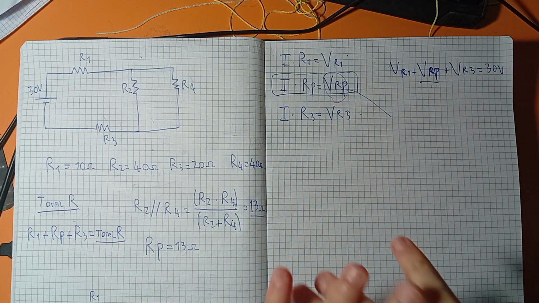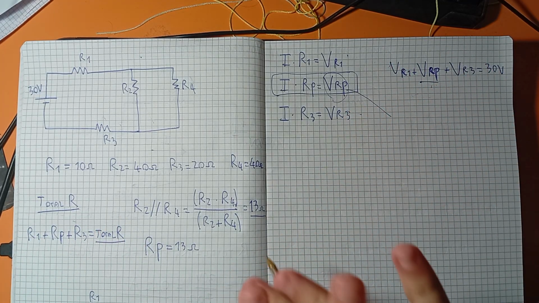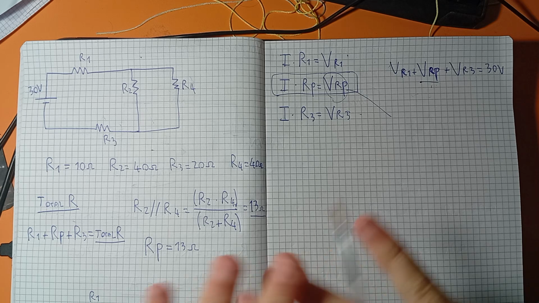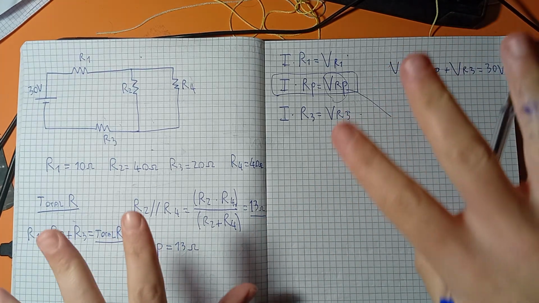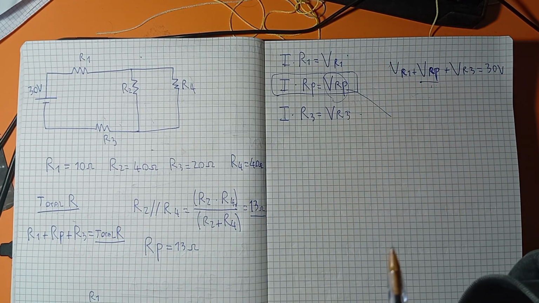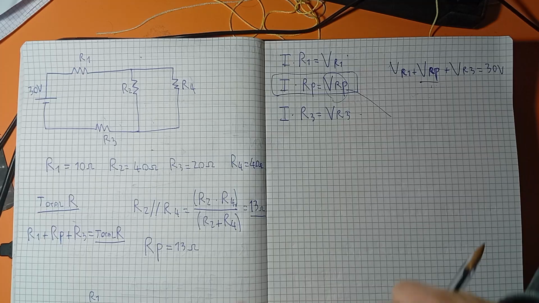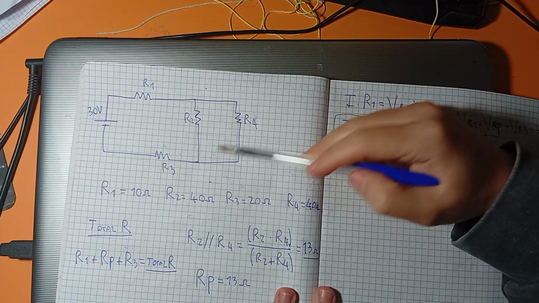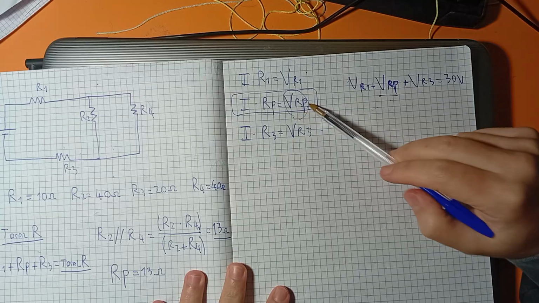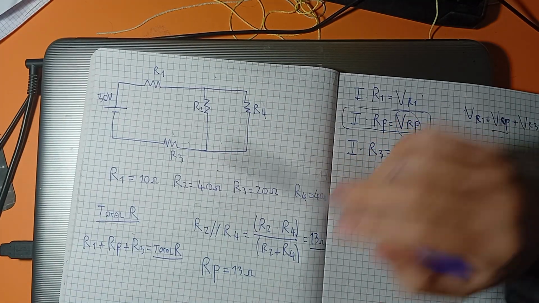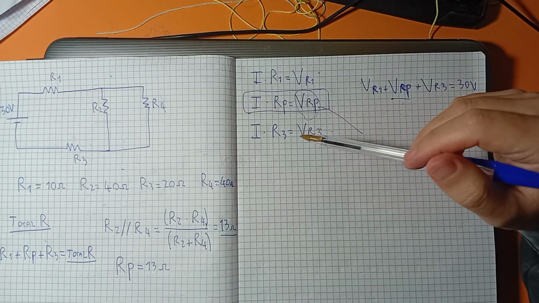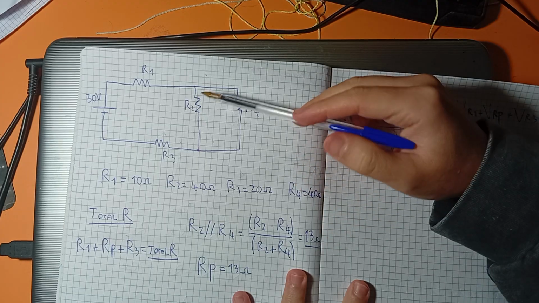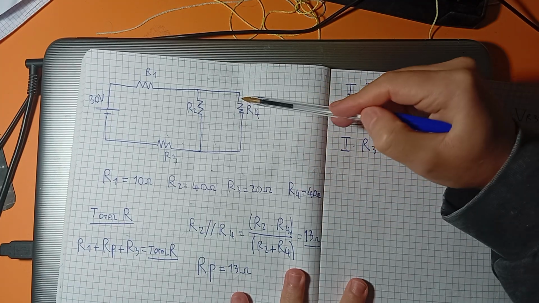Remember this: the total voltage drop on a parallel keeps staying the same on each branch of the parallel. So this total voltage drop I calculated keeps staying the same value. Let's imagine it is 5 volts. It keeps staying the same here and the same here.